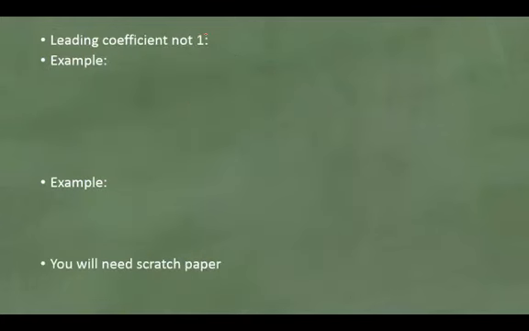What if the leading coefficient is not 1? So we do have something like ax squared plus bx plus c, sorry. Then the only real way that we can work these problems is called the guess and check method. Guess and check.